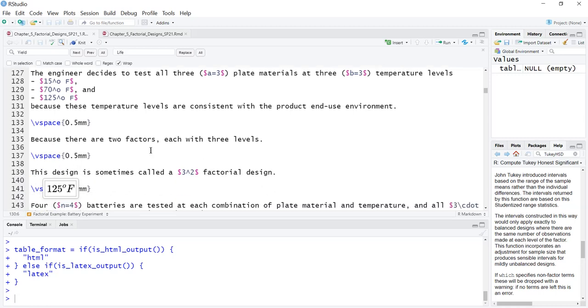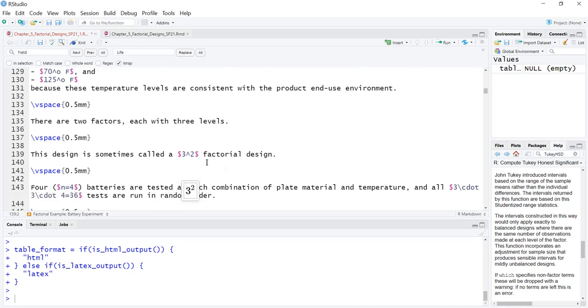So there are two factors, each with three levels. This design is sometimes called a 3-squared or a 3^2 factorial design, because it's 3 squared. So we have 3 of one factor, 3 of another.